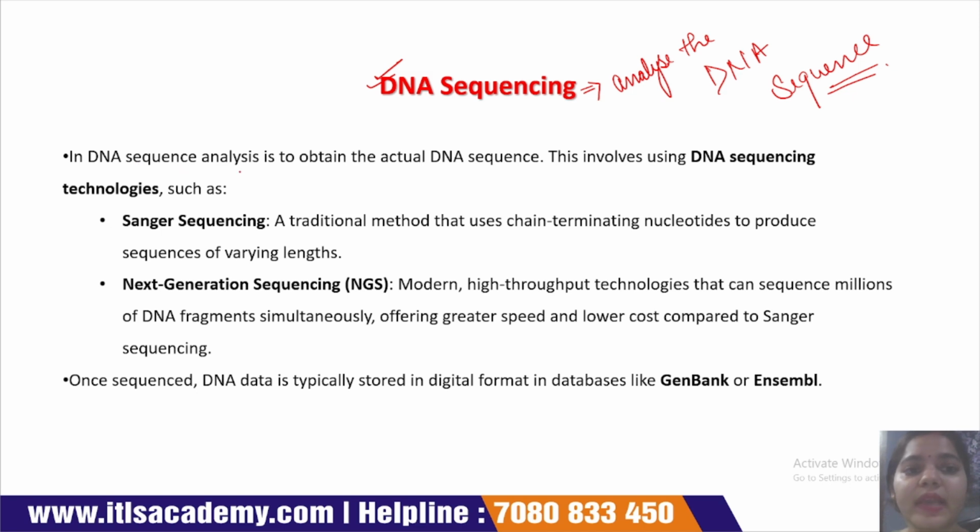To obtain the actual DNA sequence, this involves using DNA sequencing technologies. What is the role of DNA sequencing? DNA sequencing is a process by which we analyze the exact DNA sequences. There are lots of DNA sequencing methods available in the field of life science.